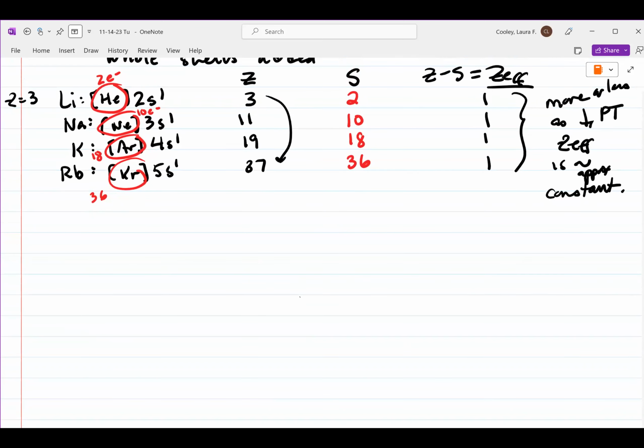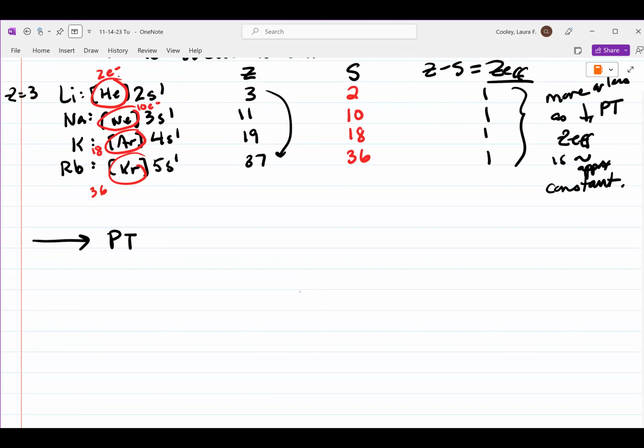What happens as you go across the periodic table? That's the next question. What you're doing there is adding electrons to the same shell. And what have we already said about adding electrons to the same shell? Do they screen each other? If I'm an electron in the third shell, do the other n=3 shell electrons do a good screening job? When do electrons do the best screening job?